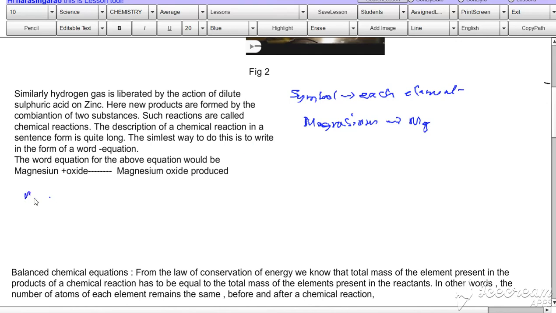So Mg plus O2, oxygen, and you get magnesium oxide. This is what you call a skeleton equation.